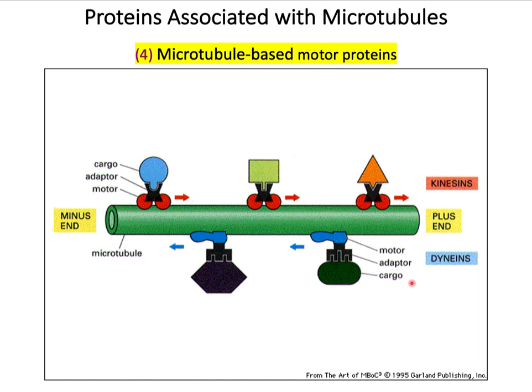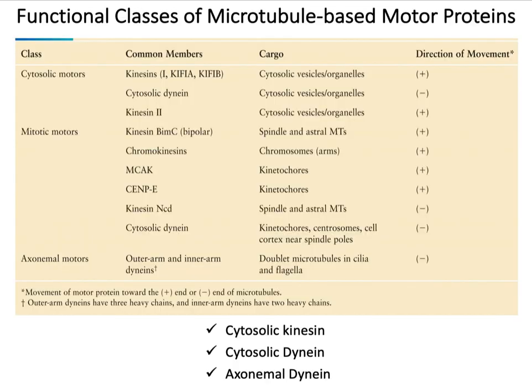Well, in the case of microtubules, you have two major classes of motor proteins, the plus end directed motors and the minus end directed motors. Plus end directed motors are known as the kinesins, whereas the minus end directed motors are known as the dyneins, as they move towards the minus end.